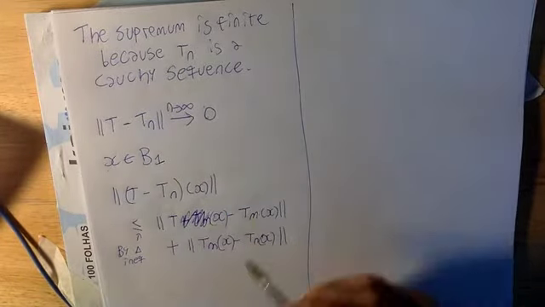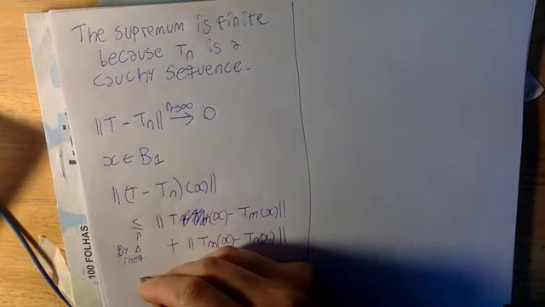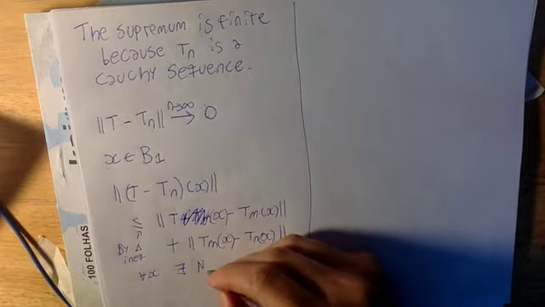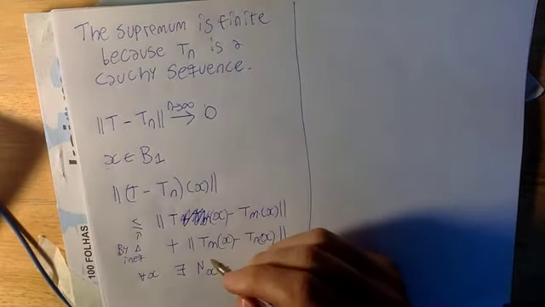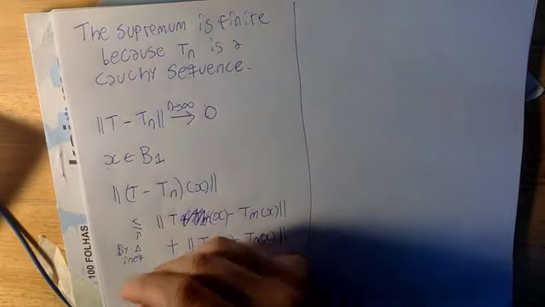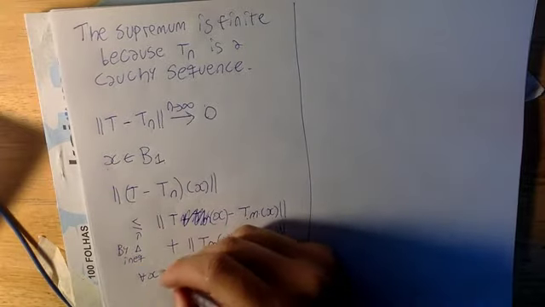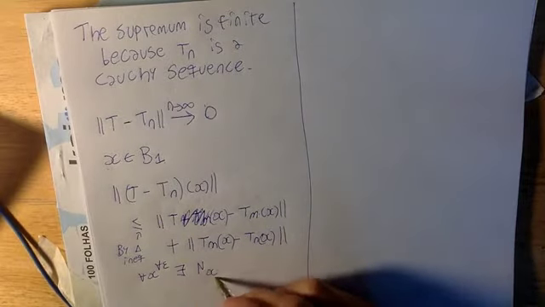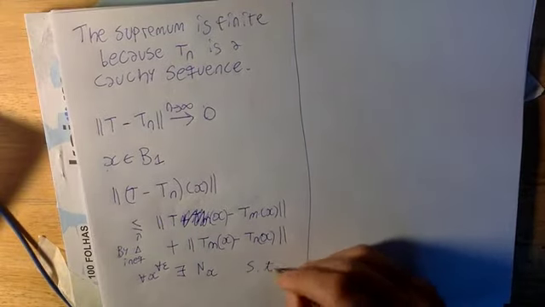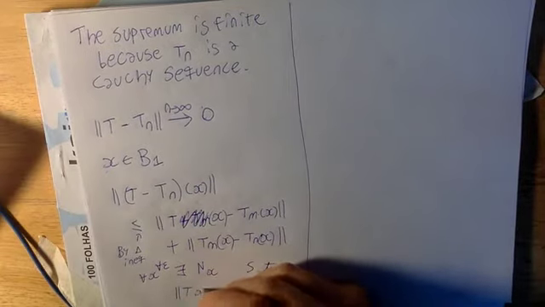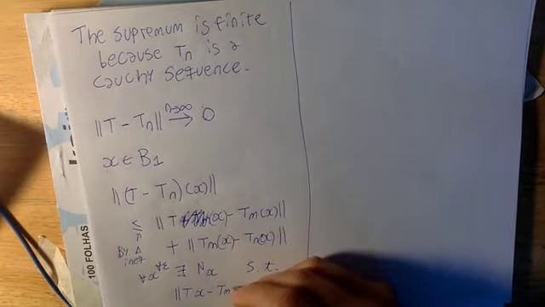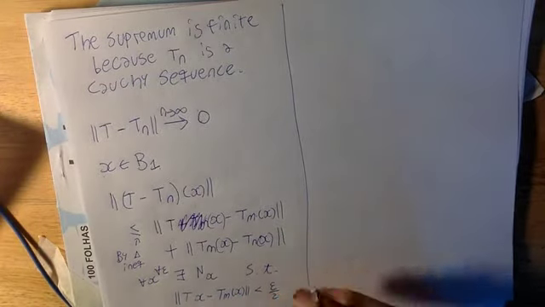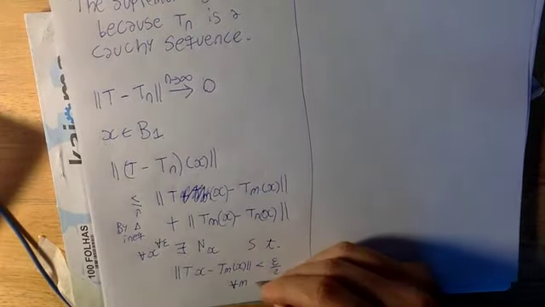One of the things is, we know that for every x and for every epsilon, there exists an n depending on x, such that the norm of T of x minus Tm of x is less than epsilon over 2 for every m bigger than n_x.